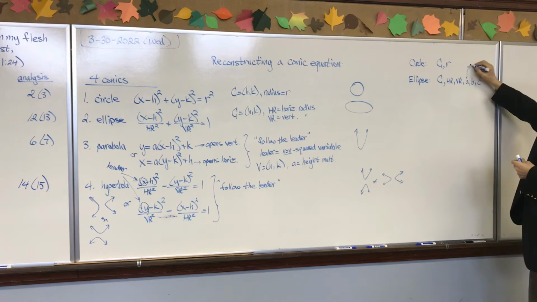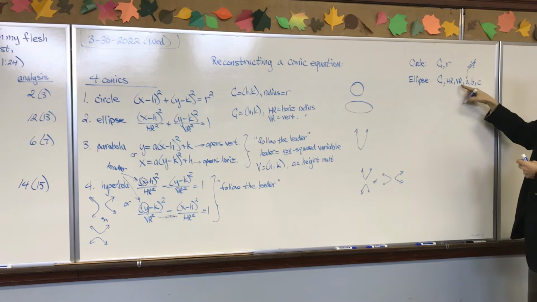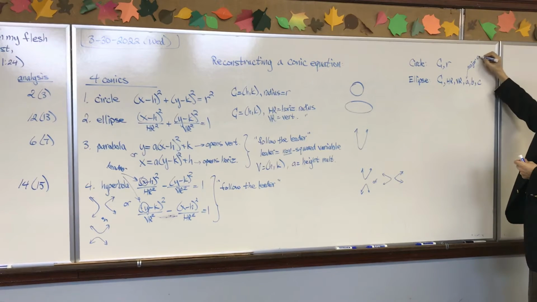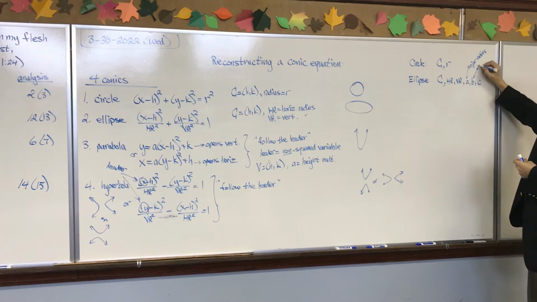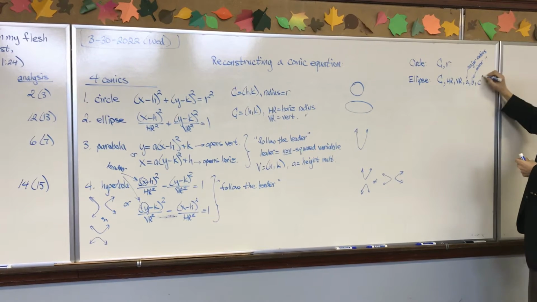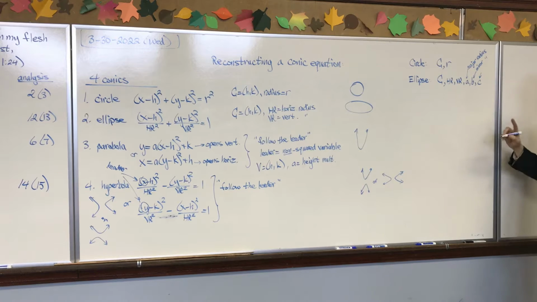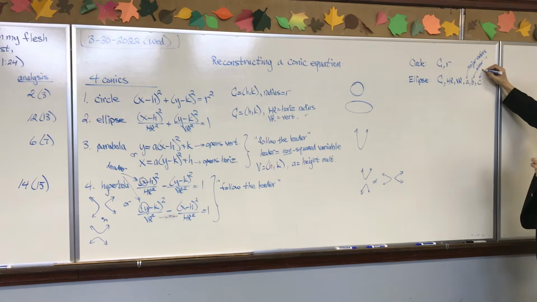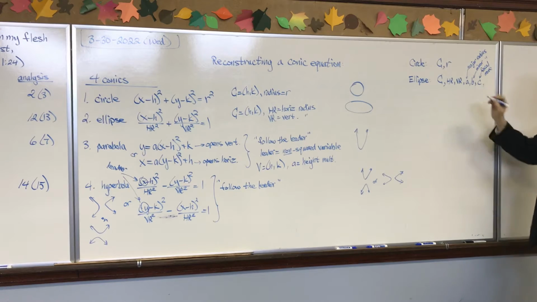Not the major vertices, but the major radius, the biggest radius. And then B is the minor radius. And what's C? The small c. Focal move. It's the focal move. So we've got 1, 2, 3, 4, 5, 6.